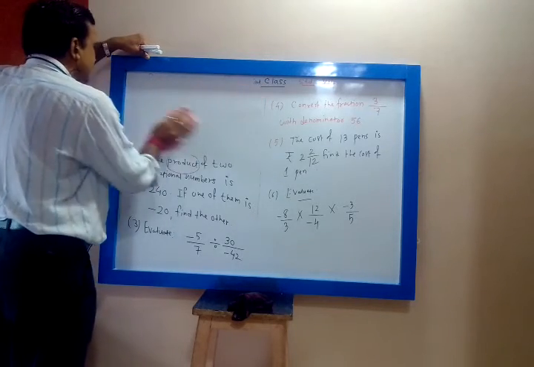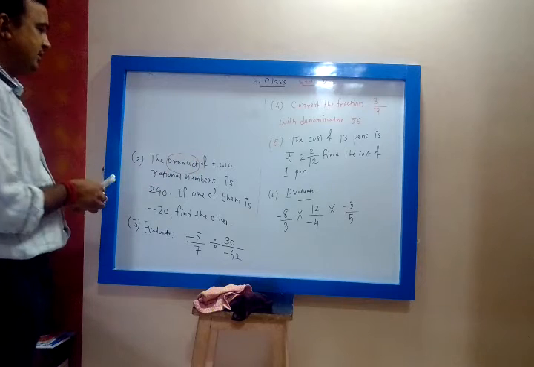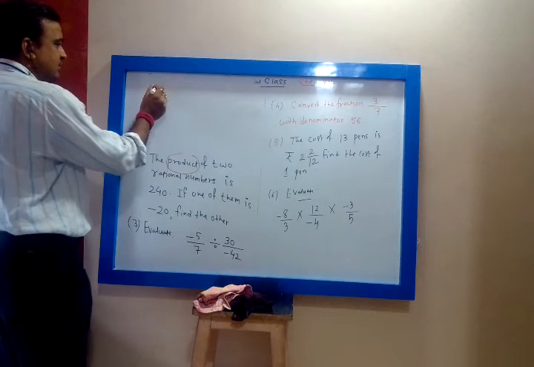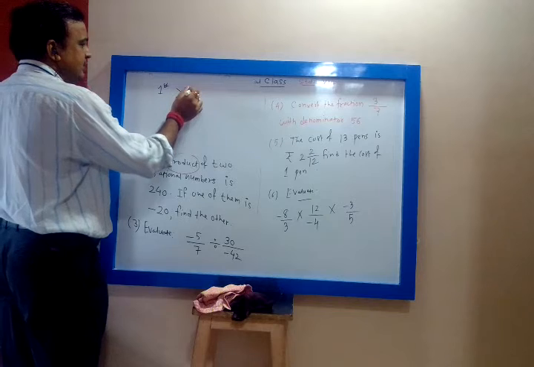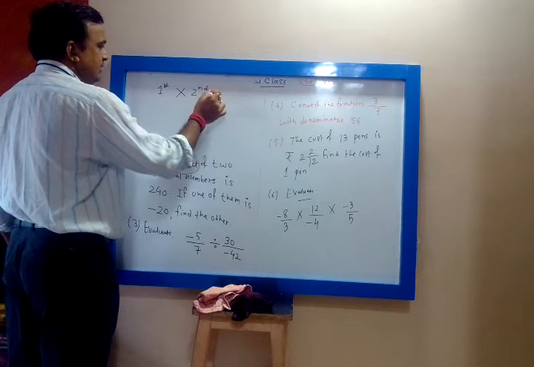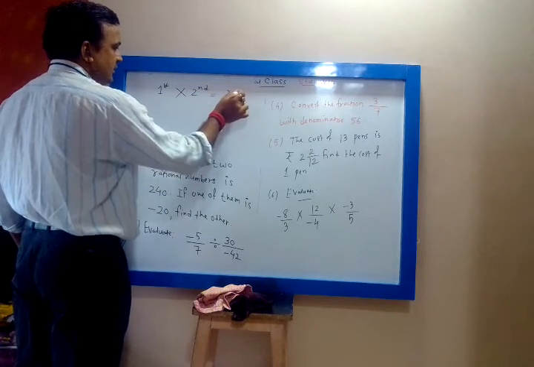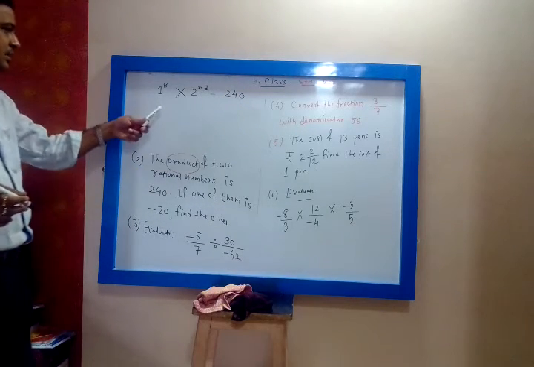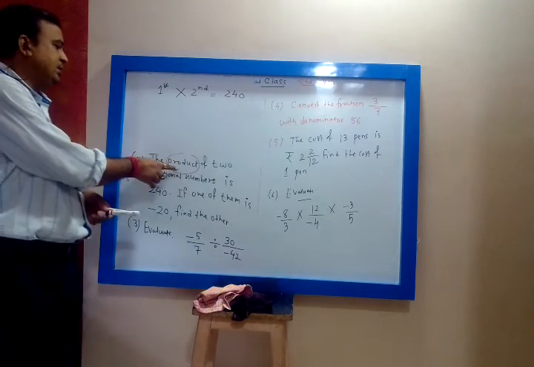Make the habit of forming the equation. So product of two rational numbers. So first rational number, product means multiplication, into second rational number. The product is given as 240. So first rational number into second rational number is 240. Because it is given a product.